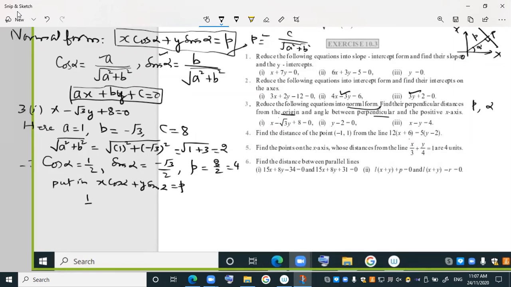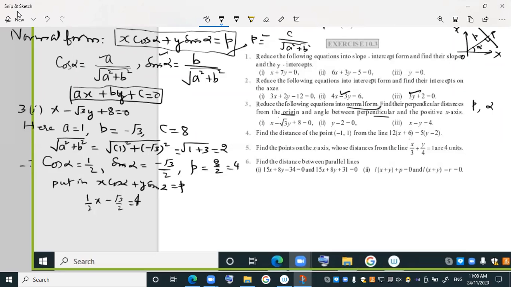So cos alpha is equal to 1 by 2, plus sin alpha is equal to minus root 3 by 2, is equal to P. P is what? 4, is equal to 4.